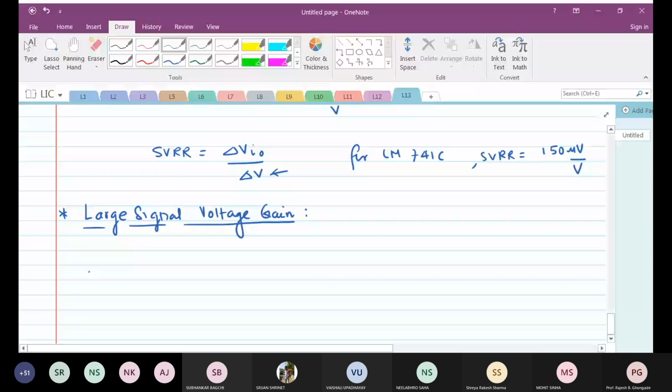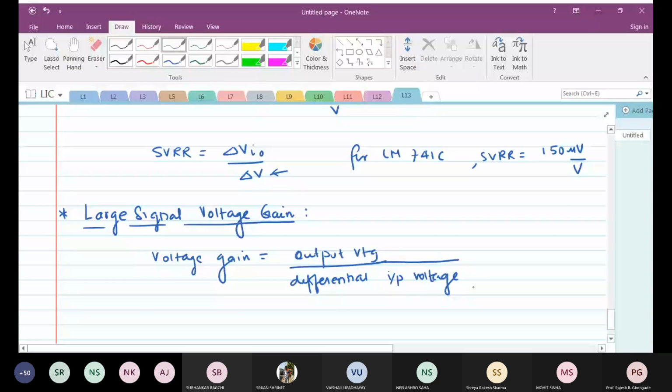Since your operational amplifier will amplify the difference between the two input terminals, the voltage gain of the amplifier will be defined simply as voltage gain is equal to output voltage divided by the differential input voltage. So we have A, which is equal to VO by VID. We already have seen this. No issue with that.